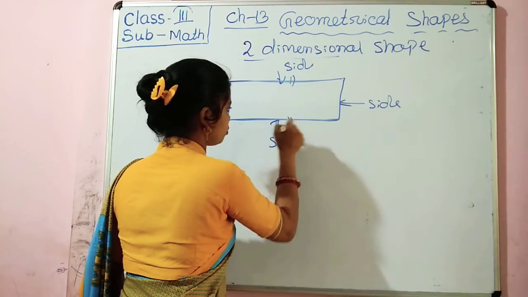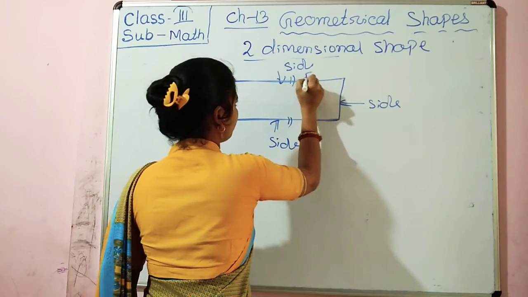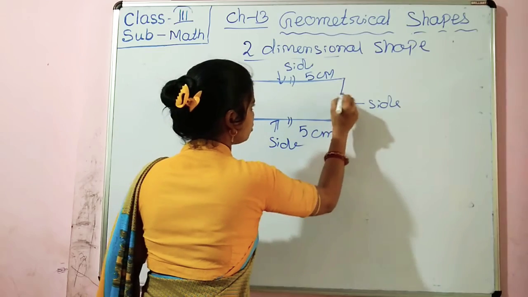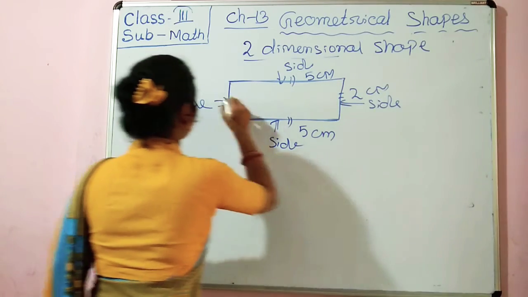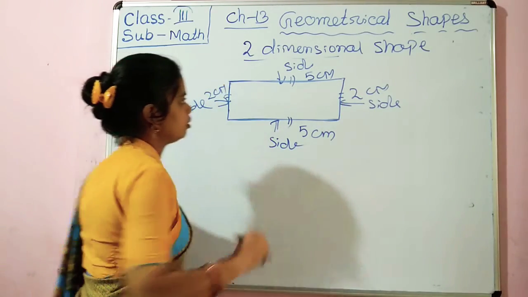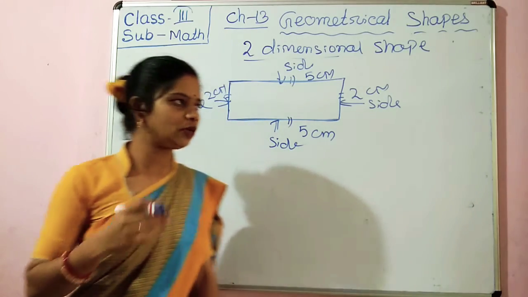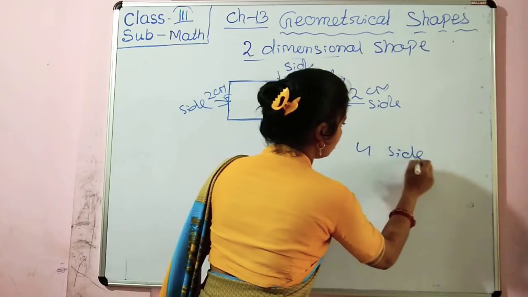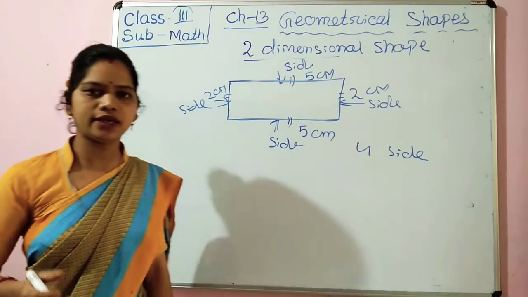This side is equal to this side, meaning if that one is 5 cm, the other will also be 5 cm, and if this is 2 cm, its opposite will also be 2 cm. A rectangle has 4 sides, and how many corners?